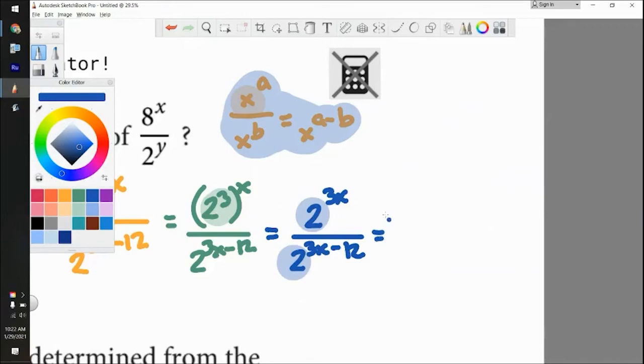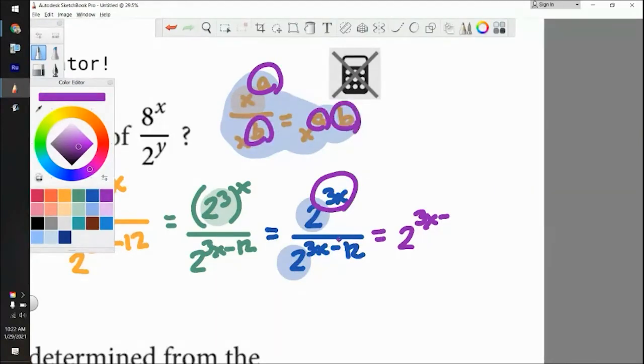So that's what I'm going to do. Let's do color coding here. It's going to be equal to 2 to the 3x minus, so we're doing the top one, just like we did a minus b, so we're minusing the thing on the bottom, which is all of this right here. You have to subtract all of it, so put it in parentheses.